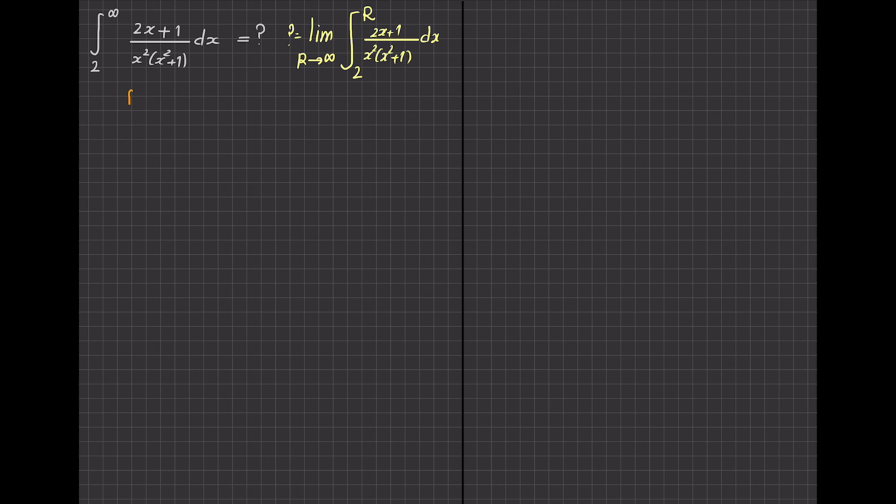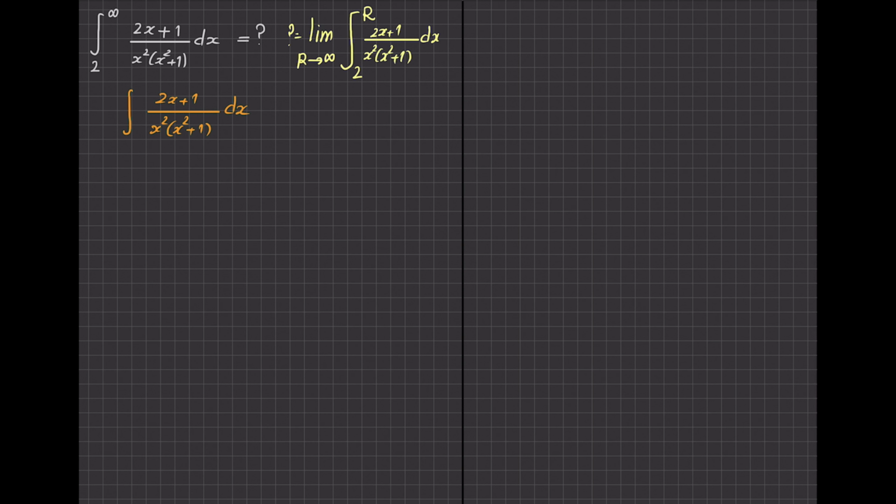So I calculate the integral of 2x plus 1 over x squared plus 1 dx. But hopefully you know that for these types of integrals, where I have a rational function as my integrand, in which the degree of the denominator, here 4, is greater than the degree of the numerator, 1, we have to use the method of partial fractions.